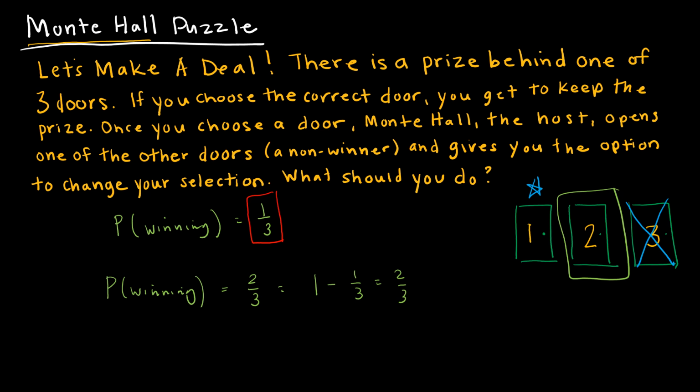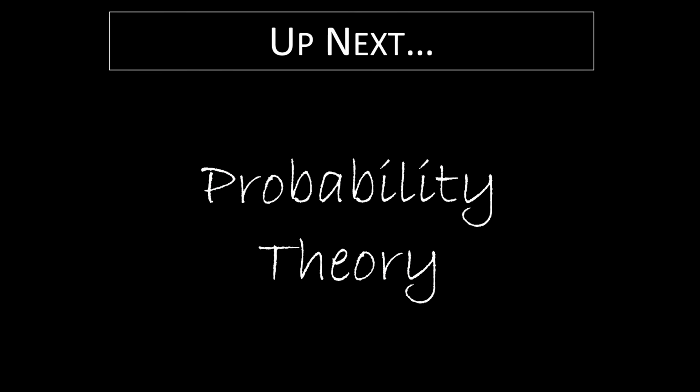And so the second time, I win if my initial pick was wrong. And remember, my initial pick was 1/3. And so if my initial pick was wrong, then 1 minus 1/3 gives me 2/3. That's my probability of winning now because they've already taken this guy out of the equation for me. Coming up next, we're going to take a look at some probability theory.